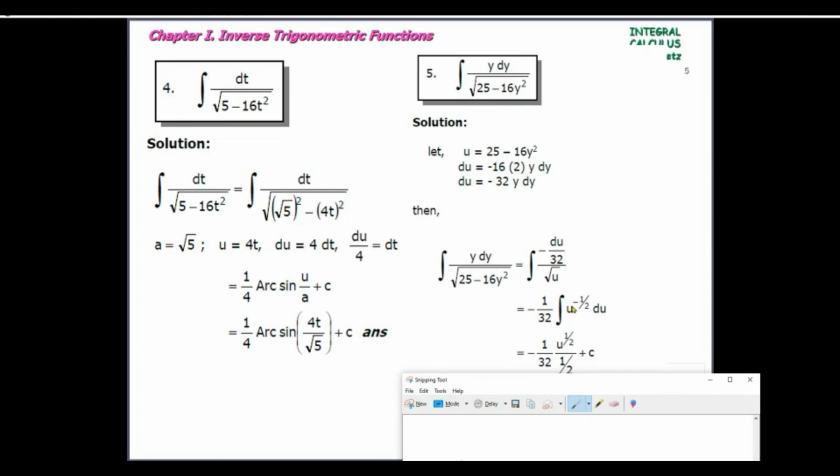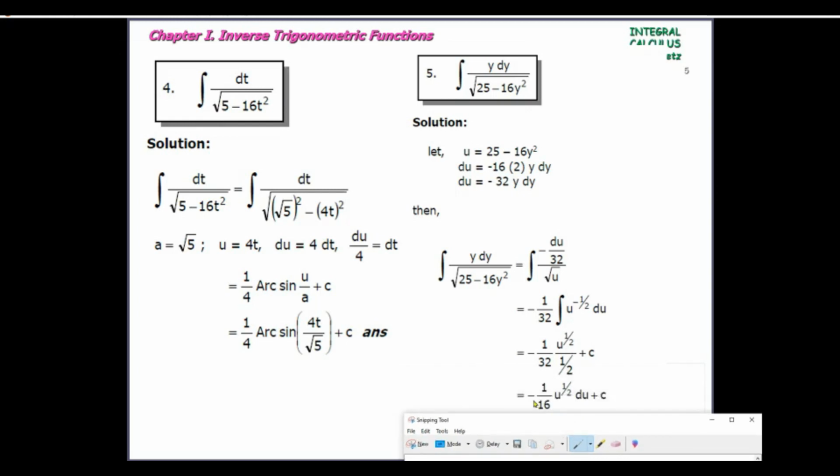Then, pag in-integrate yon, mag-add ka lang ng 1, negative 1/2 plus 1, that is positive 1/2 all over 1/2, or negative 1 over 16. Oh, sorry, sumobra to. Wala itong du na to. Typographical error. U raised to 1/2, wala yung du. Pakitandaan lang.